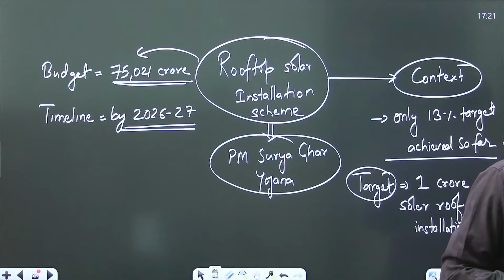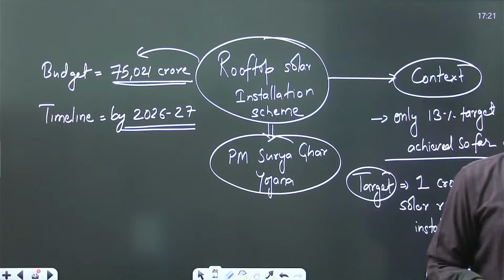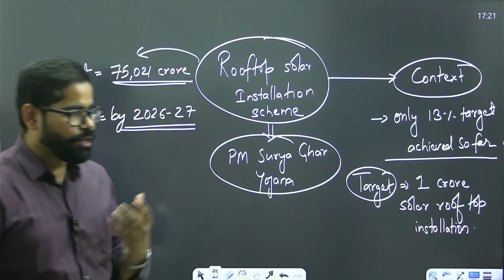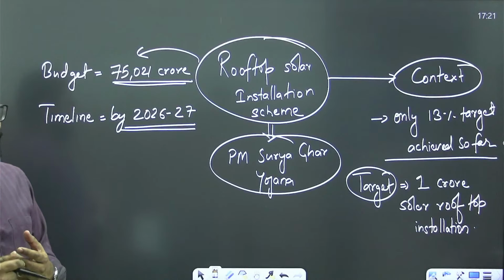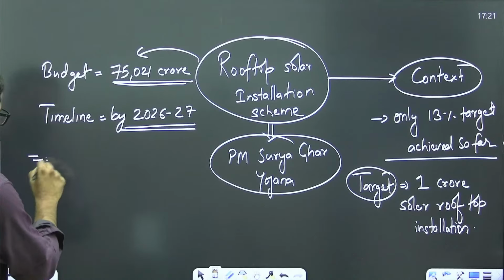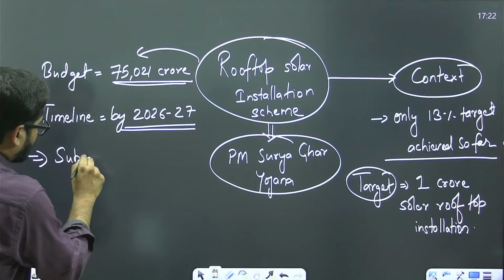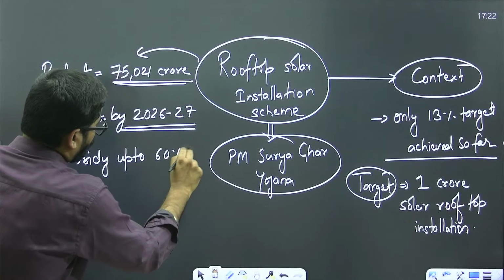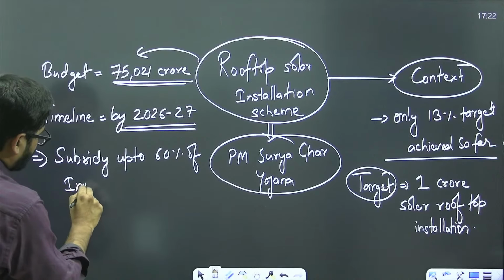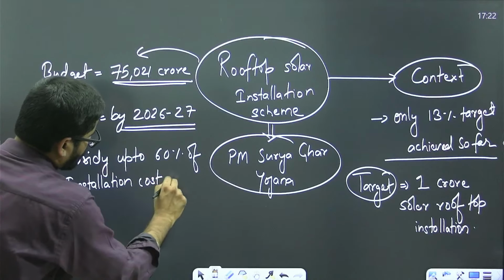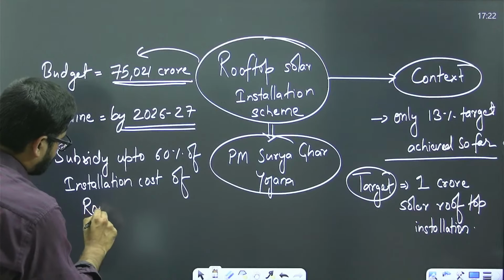So if we look at what it is doing, it is providing subsidy. Sorry, not 8 lakh rupees, subsidy up to 60% of the installation cost of the rooftop solar scheme.